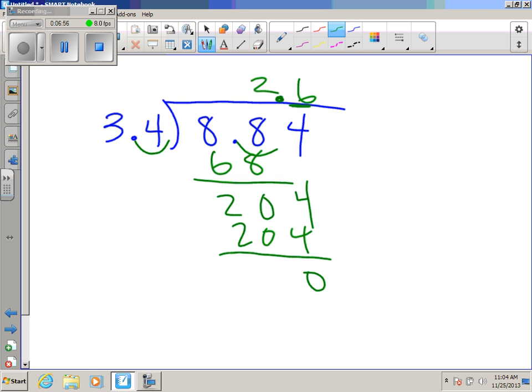I thought it all had to be a whole number, so I did 340 divided, or 884 divided by 340. If we had this though, Liam, that's essentially what we had to do. That looks just like the same problem that we did for Friday, or some of you that redid for today.